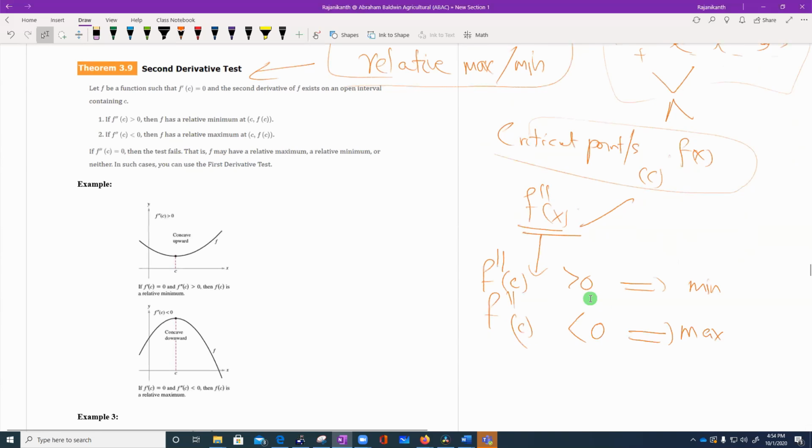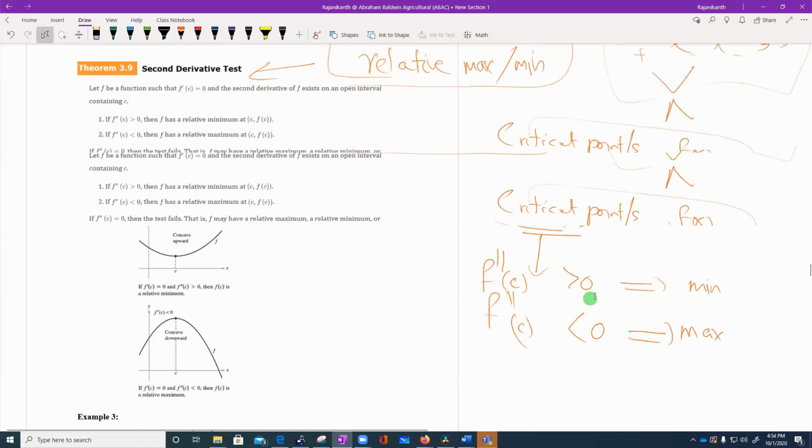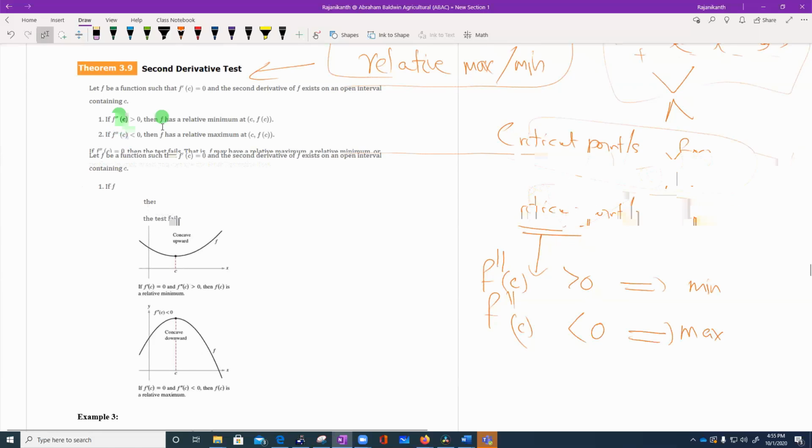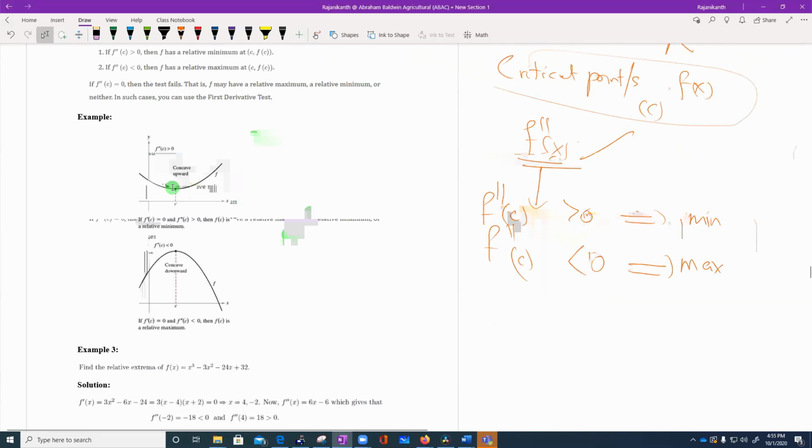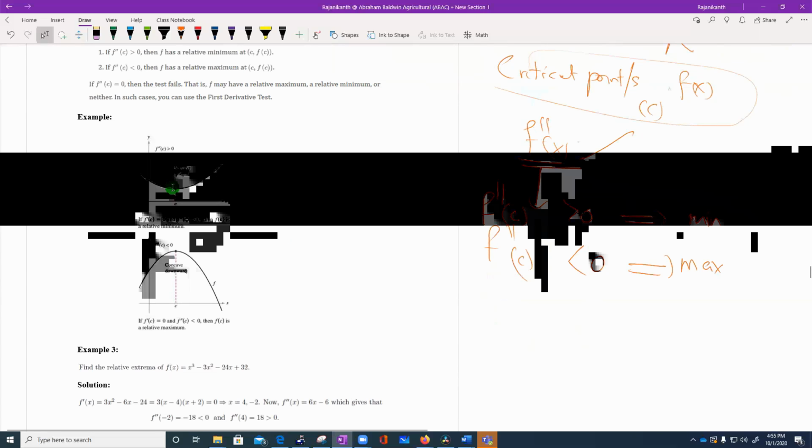That's it. A very, very easy procedure. That's what this theorem says.